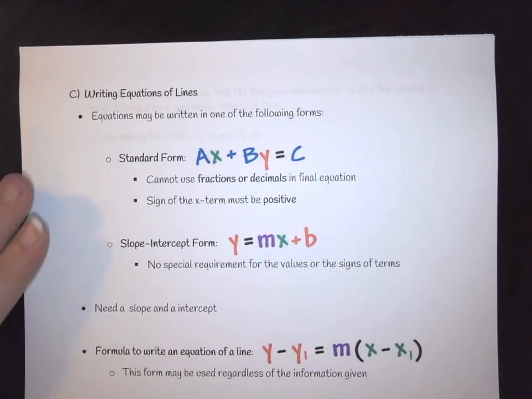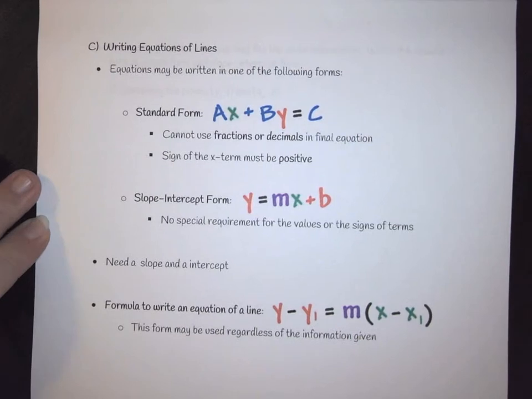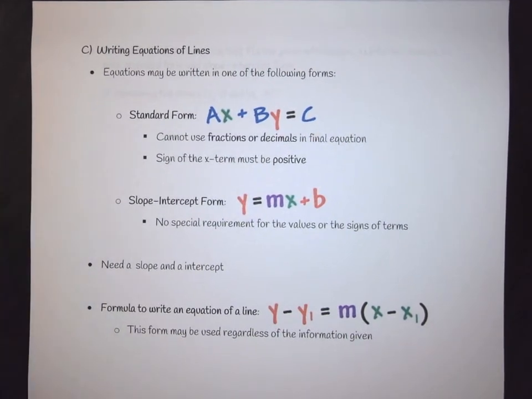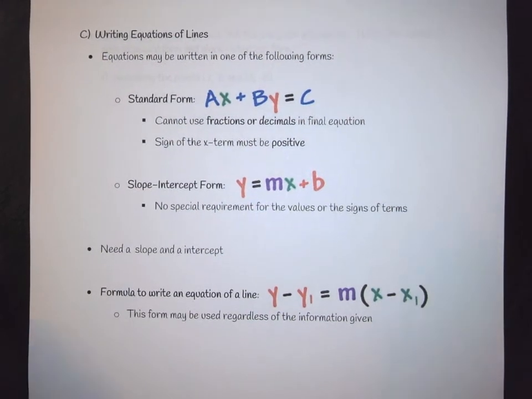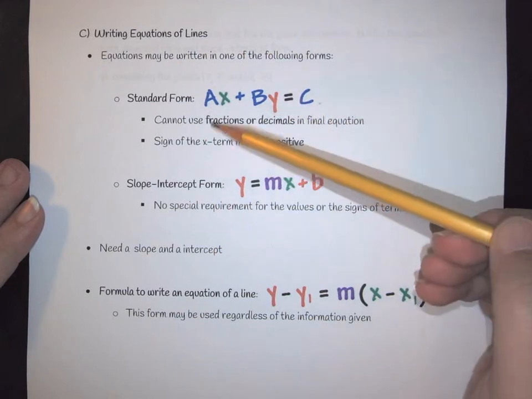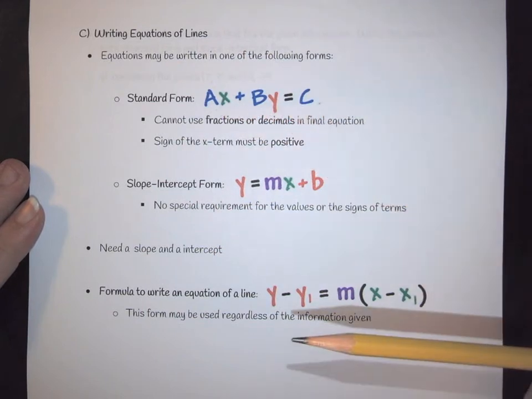Now, another big concept that we use with linear equations is being able to write the equations of lines based on information that has been provided. So we've got a couple different lines that we can work with. First is what's called standard form. So notice with standard form we have ax plus by equals c.